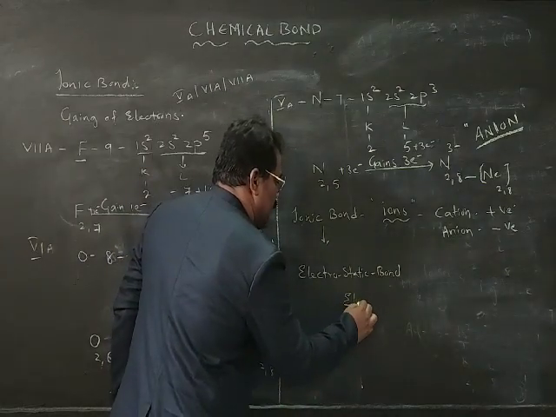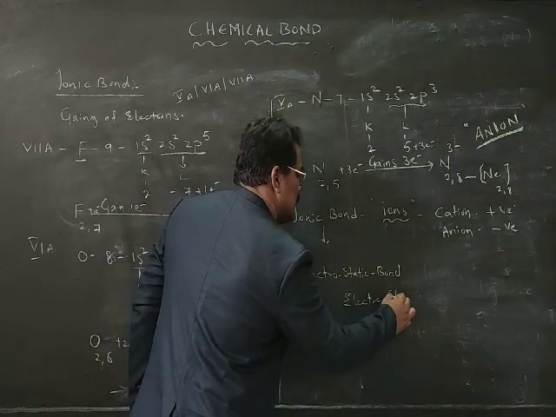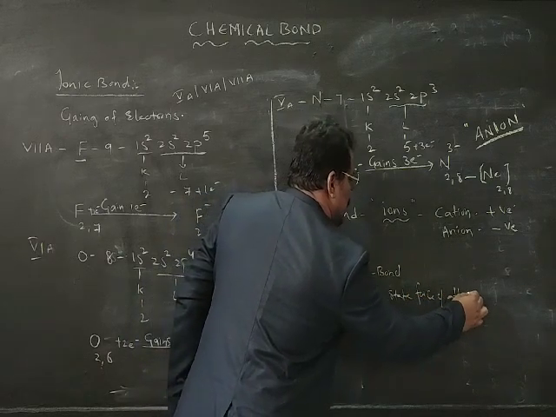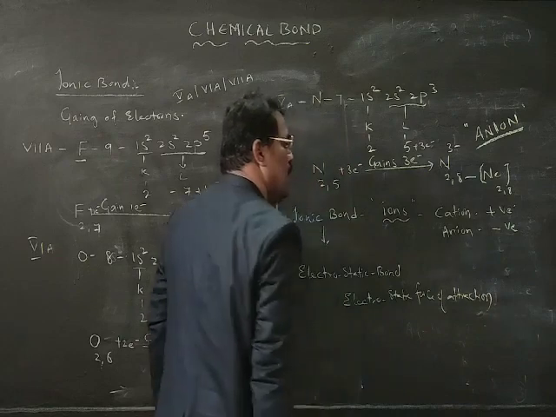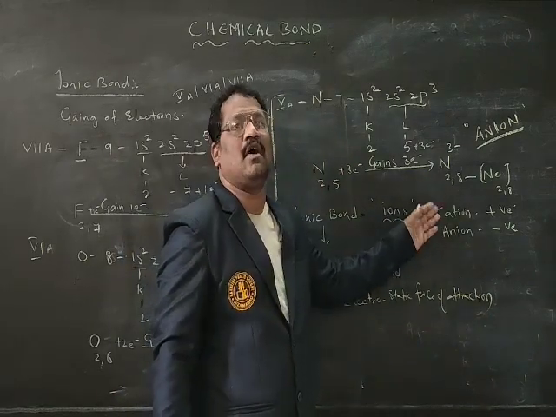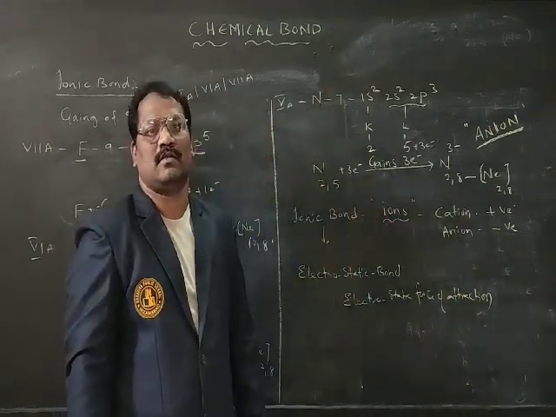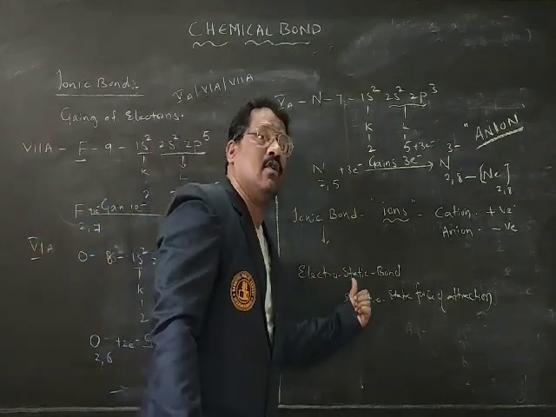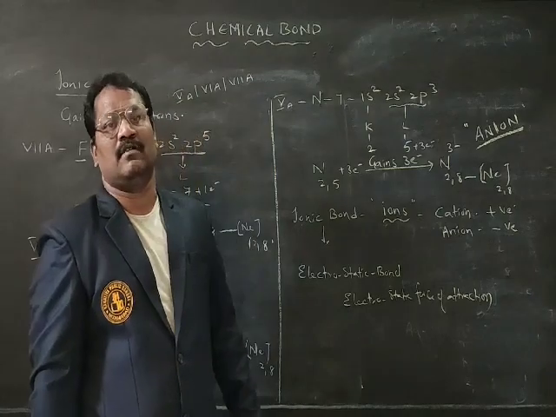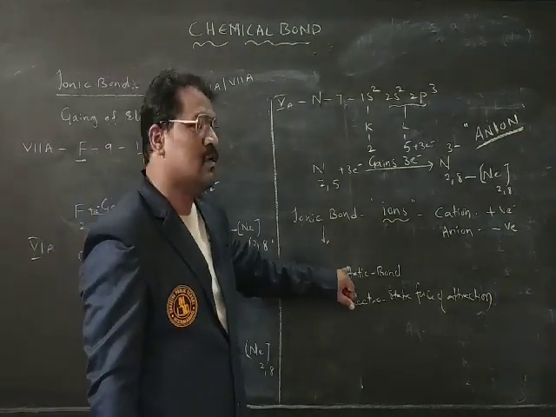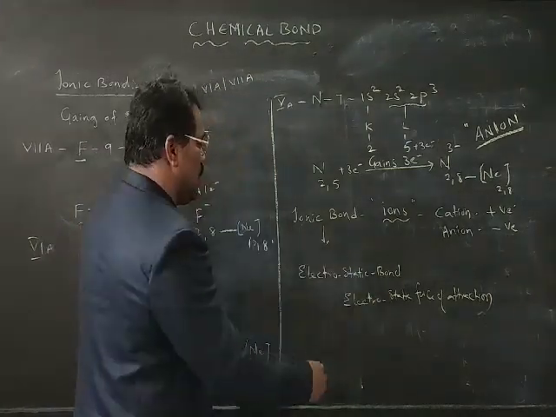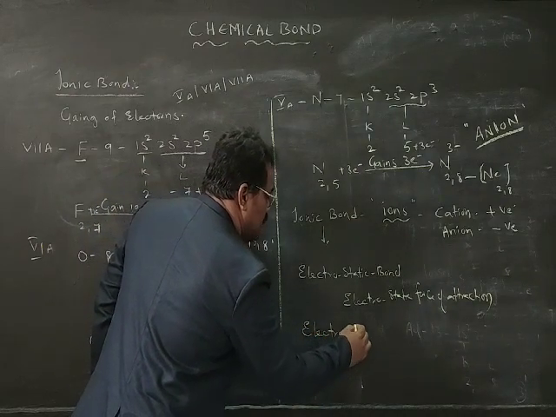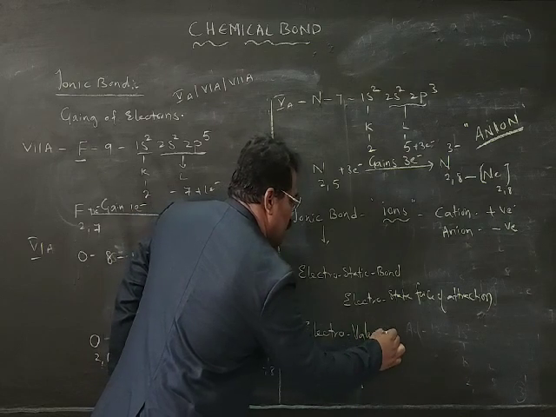As it is dealing with the electrostatic force of attraction between cations and anions, it is called an electrostatic bond also. It is also called one more type of bond. That bond is called an electrovalent bond.